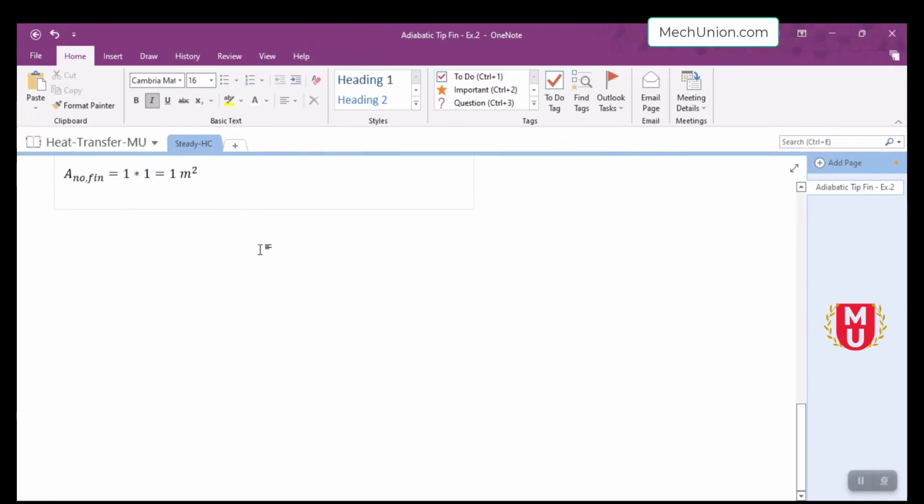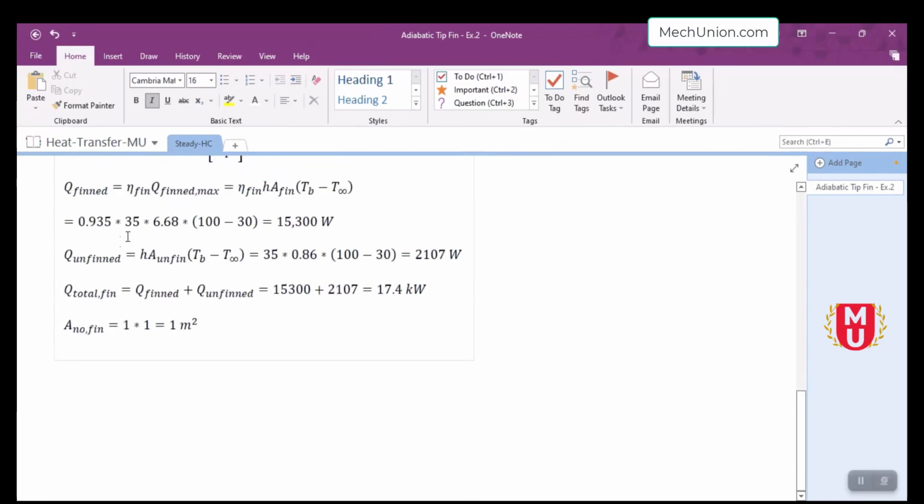Q of no fin is h times A of no fin times Tb minus T of infinity, which is 35 times 1 times (100 minus 30), which will be 2450 watt.